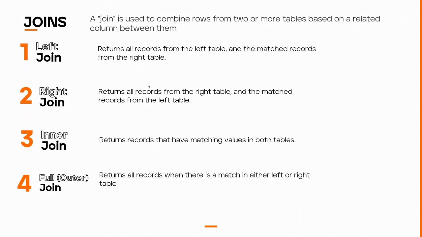And outer join is exactly the opposite of inner join. It does not care if a record exists in one table or the other. It will return it regardless of whether or not it exists in both tables. So let's say you have employee IDs and department IDs, and some of the employees don't belong to a department.